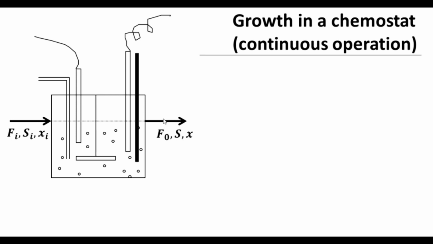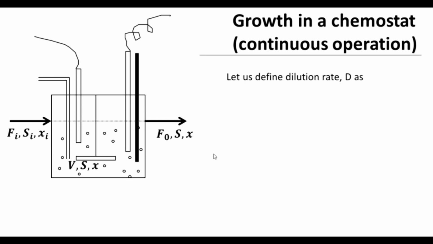S is the substrate concentration here, and X is the cell concentration here. And the volume of the broth, which we will take as a system, is V. As you can see, a part of this is being pulled out. So the substrate concentration and the cell concentration here need to be the same as in the outlet stream, because what is inside, well mixed, is being pulled out. Okay? Therefore, the concentrations of these two would be the same.